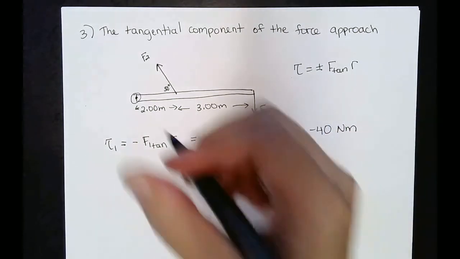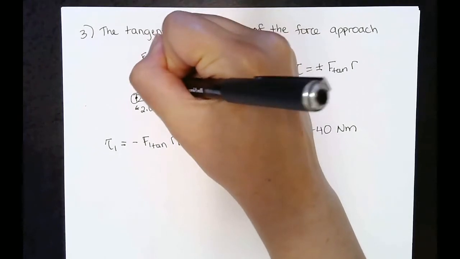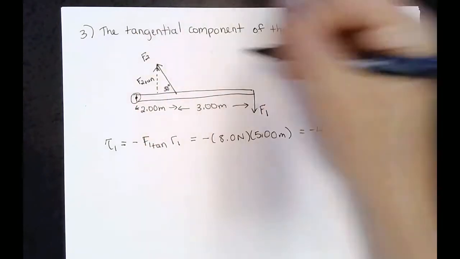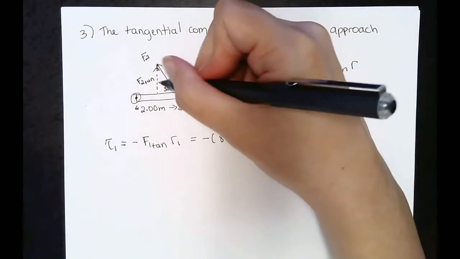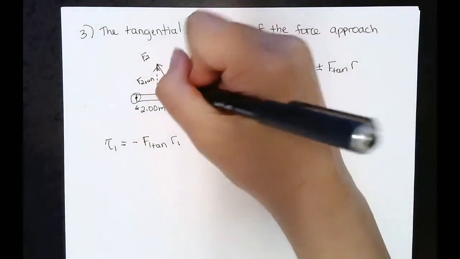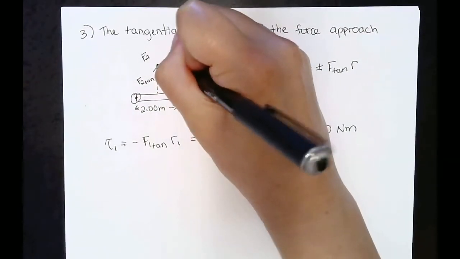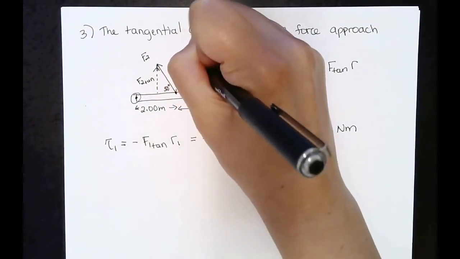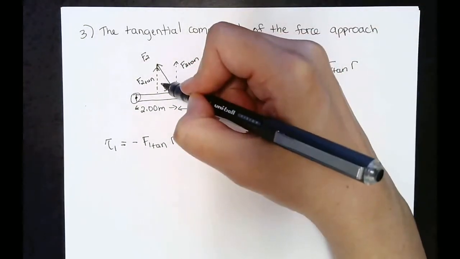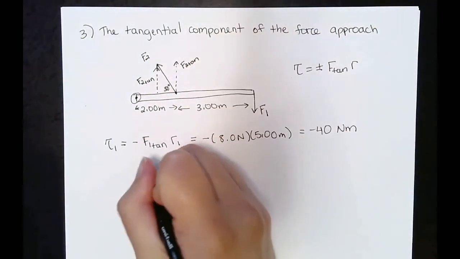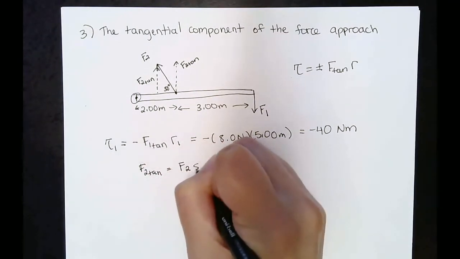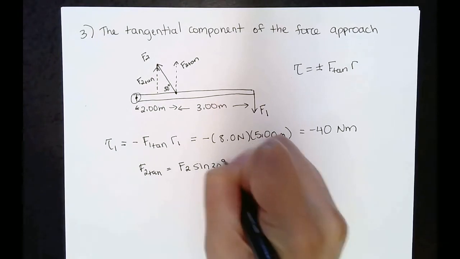Now looking at F2, this is the tangential component of the force, F2 tangential, which is opposite to this 30 degrees. It acts here, but if it helps, you can draw the component there. You could also draw it right here. This is still F2 tangential, so drawing it in either location works. And we can see that since it's opposite, we're going to have F2 tangential equals F2 sine 30.